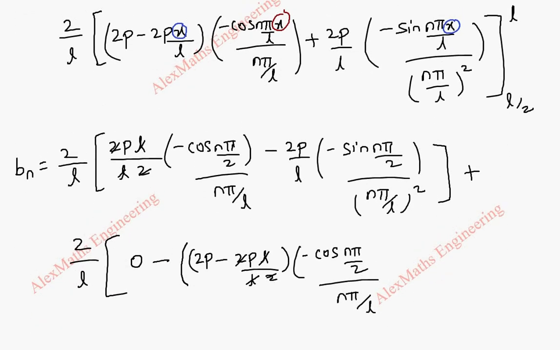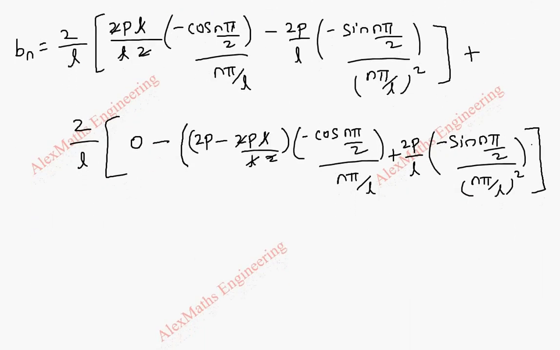Then coming to the second part, when I put L by 2 here, this will become plus 2p by L into minus sin n pi by 2 by n pi by L whole square.